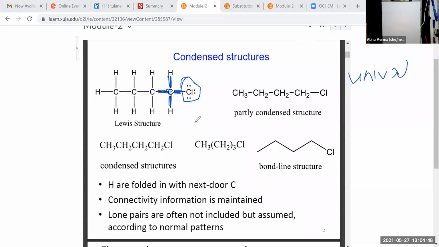The 4th bond is usually with a hydrogen, but that univalent hydrogen has been replaced by a univalent halide. So that is the only difference that I see in this structure. Because it is not a hydrogen, I have to write it out.